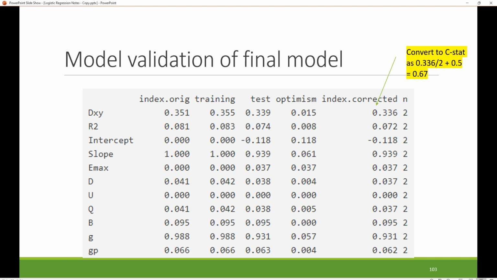So they're not far off. We have a big data set, so we wouldn't expect them to be that far off. Again, we have a moderate performing model. The area under the curve is about 0.67, 0.68. So it's not the best model, but at least it validates well.